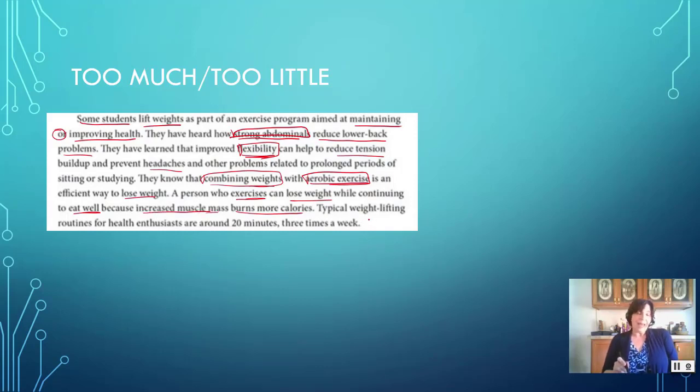And then the last sentence. You should always get something in the last sentence because, as you will learn about key points, that is where the point about this topic is. The point about these who are trying to maintain or improve health is that they do it around 20 minutes, 3 times a week.